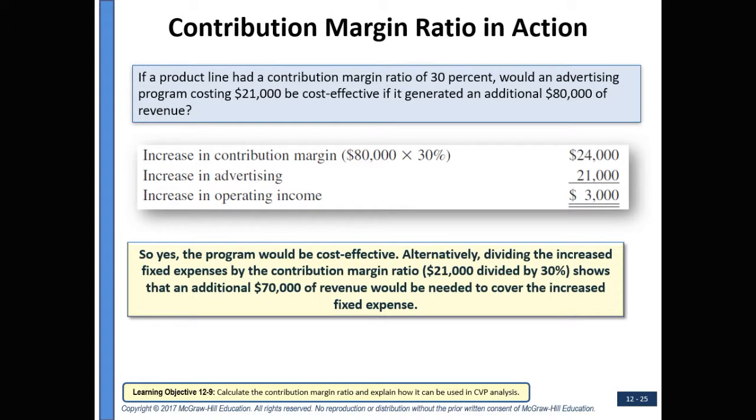When we look at contribution margin ratios, we can look at them in a variety of ways. We can look at it per product, or we can look at it under a product mix.